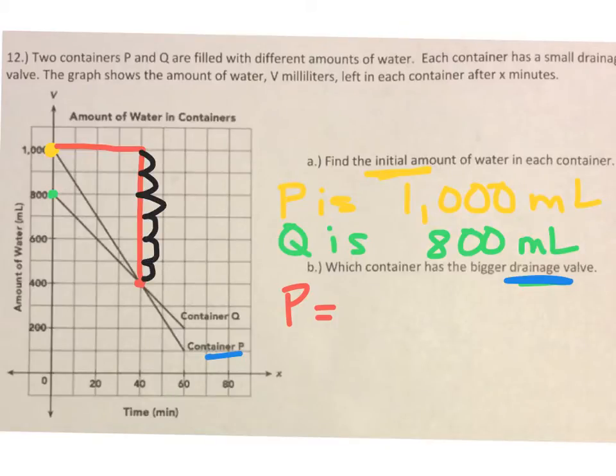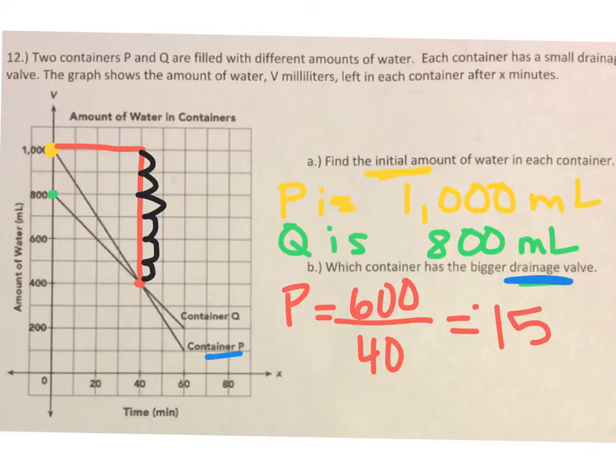It's rising 600. And then it runs 40. 1, 2, 3, yeah, 40. And 600 divided by 40 gives a negative slope of 15. So it's draining at a rate of 15 milliliters per minute.